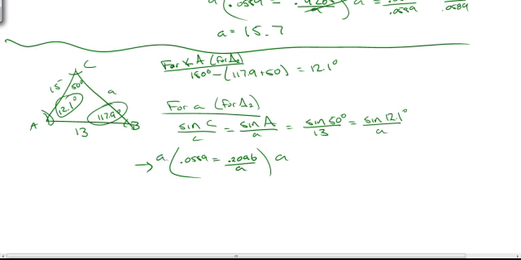Multiply both sides by A to isolate it. That gives me 0.0589 times A equals 0.2096. Divide both sides again to isolate the A variable. And by plugging this into my calculator, I get 0.2096 divided by 0.0589, and that gives me 3.6 if I round it out.